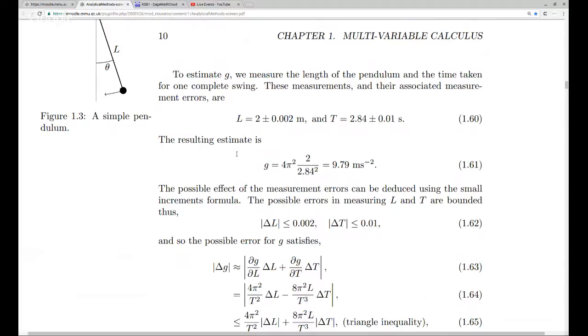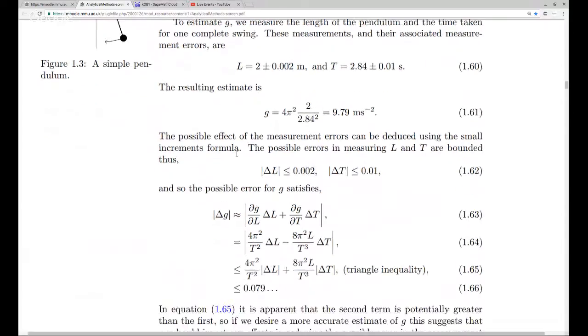But the question is, what's the combined effect of these two errors? Now, you can probably work it out using just direct, naive means. But one good way to think about it is through the small increments formula, because we can interpret those plus and minus amounts as being bounds on delta L and delta T. So delta L and delta T now become the errors in the measurement of L and T. So the error in L is somewhere between plus or minus 2 millimeters.